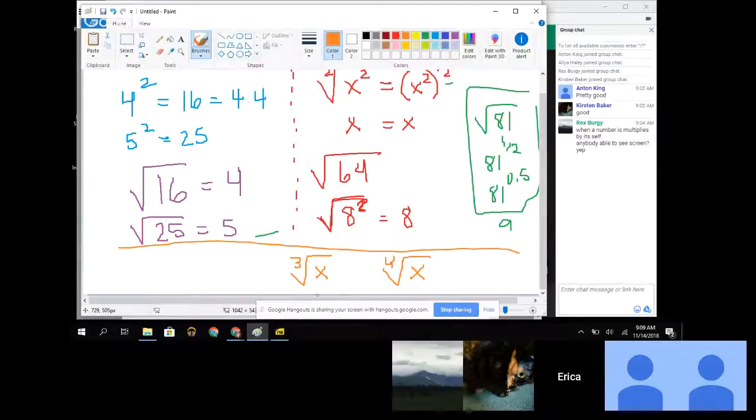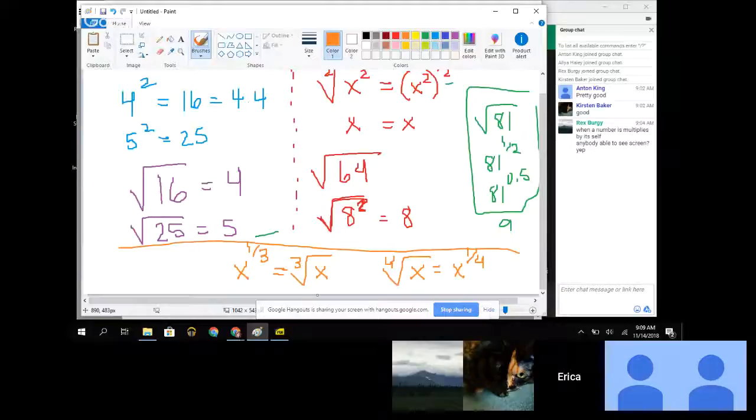Taking the cube root is the same as saying x to the 1/3 power, or x to the 1/4 power. These are all equivalent expressions. So that is what the square root is, and how we can use it mathematically.